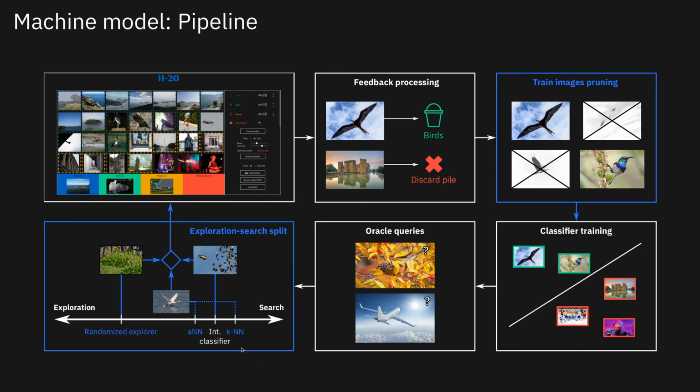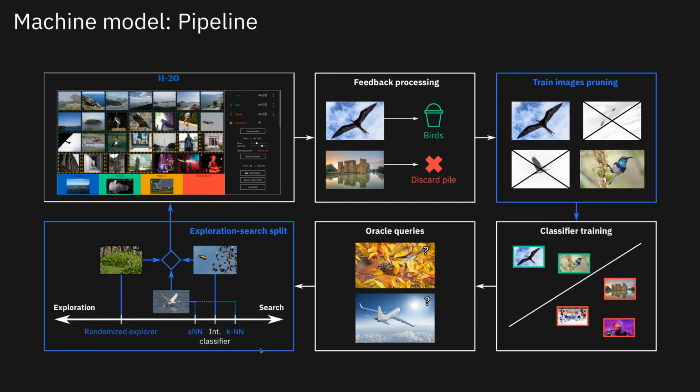In other words, if the user has been receiving relevant search results, then the model will slide more towards search. And when the suggestions become less and less relevant, there will be more and more suggestions from the randomized explorer, and the model will be more in an exploration state. Then maybe the user finds something relevant again, we slide back to search, and so forth.